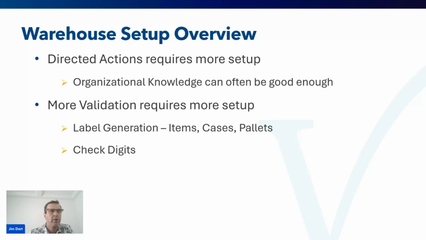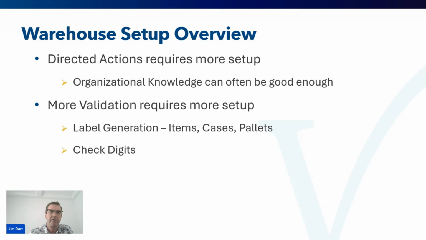And then the second one there, more validation requires more setup. That's really not just unique to a warehouse management implementation, but across the spectrum. Label generation is an important part. Setting up the different data that goes on a label, setting up the different conversion factors that need to be used in the picking and label generation.